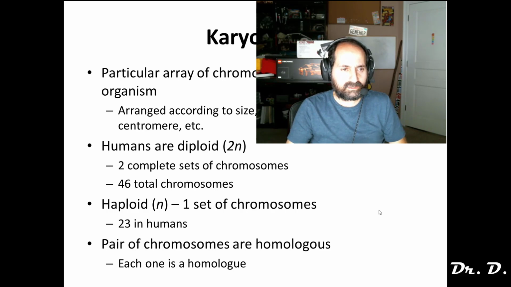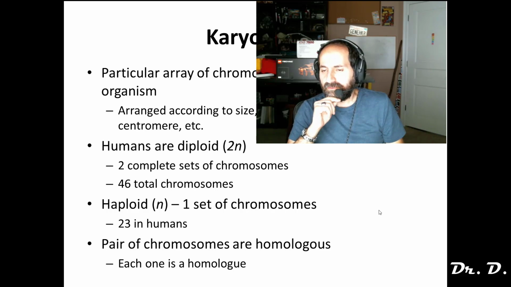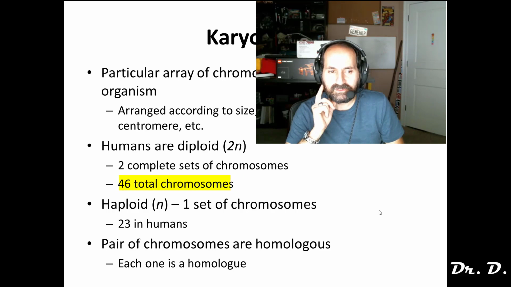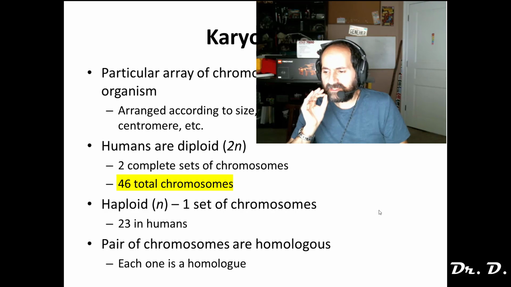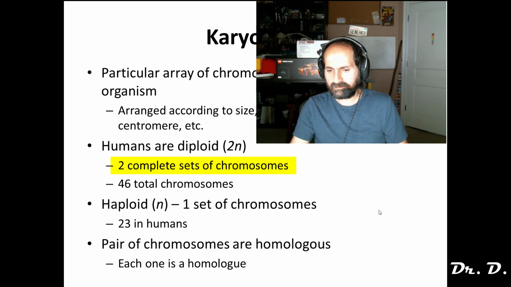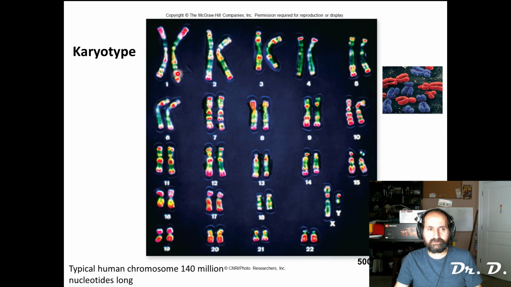So let's talk about humans and how many chromosomes we have. Remember I mentioned earlier we have 46 total chromosomes. Humans have 46 total chromosomes. But we're said to have two sets of chromosomes. What do I mean? Let me show you. Here are the chromosomes from a human.